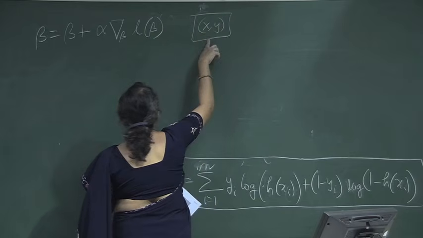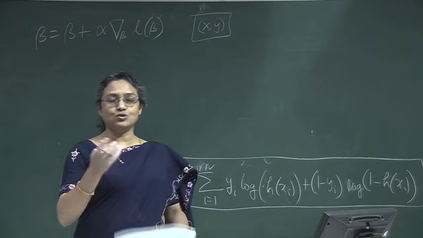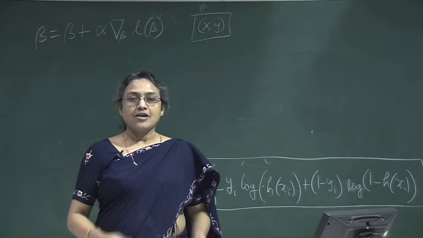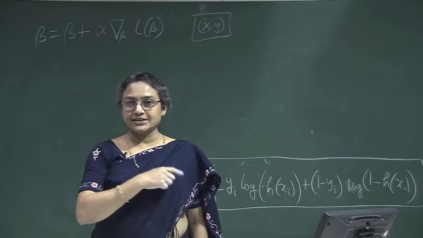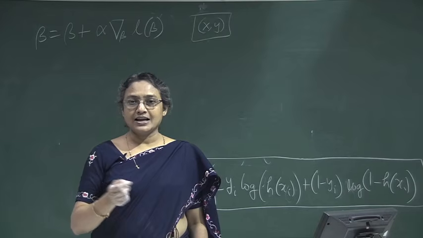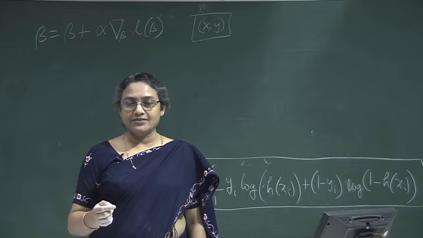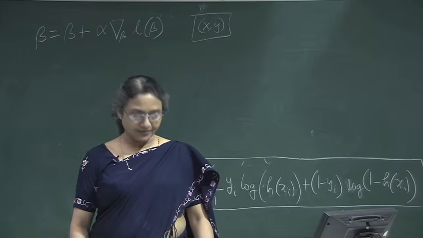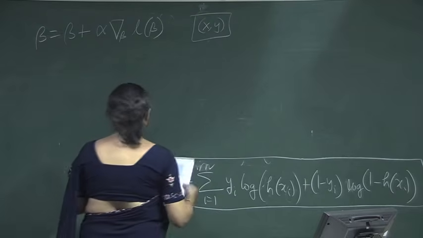Based on this training example and the current beta, we want to find out what the next beta will be. For that, we find the derivative of this likelihood and we take a step in the direction of the derivative. So, let us take the derivative of this expression.